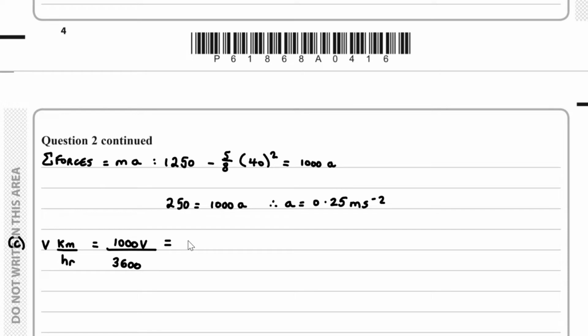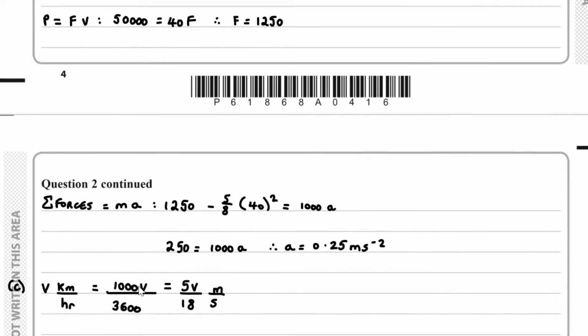So if we simplify all this, we get 5v over 18 meters per second. Now we have to find out what v is at the maximum speed.